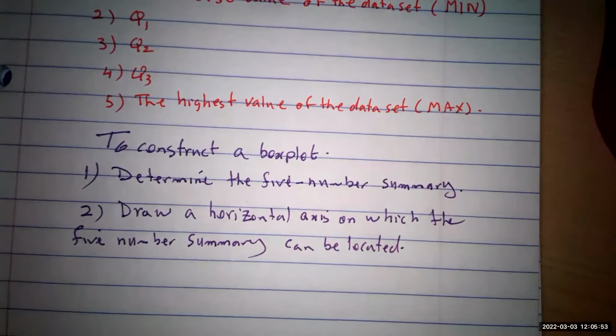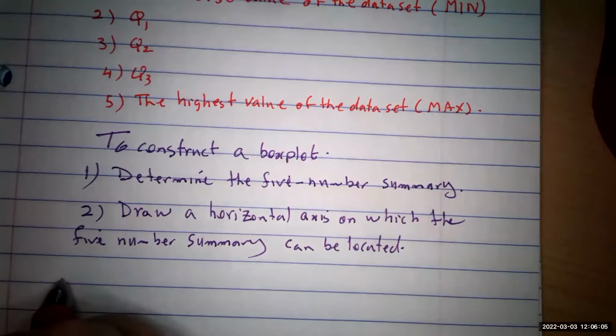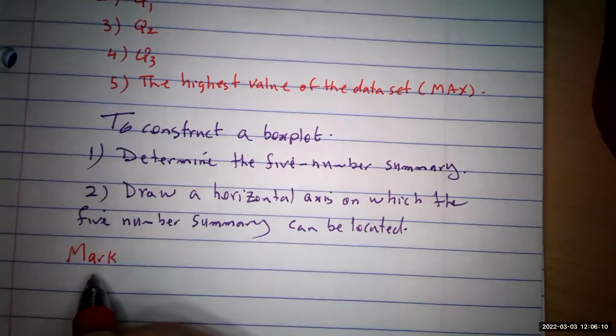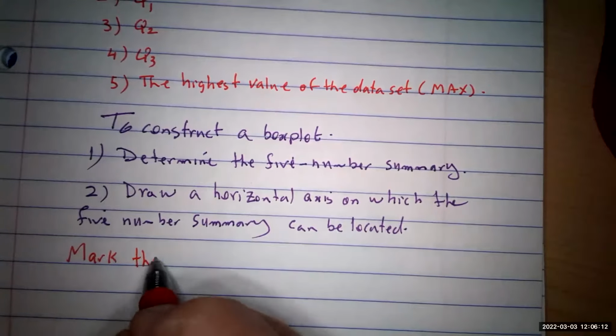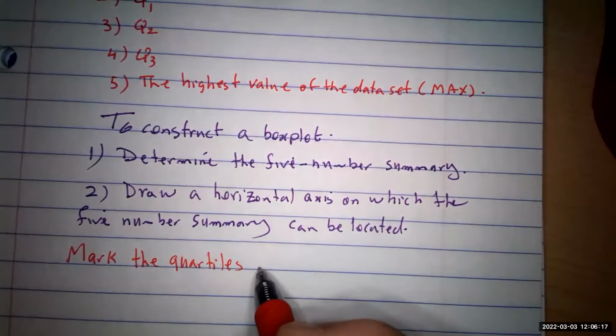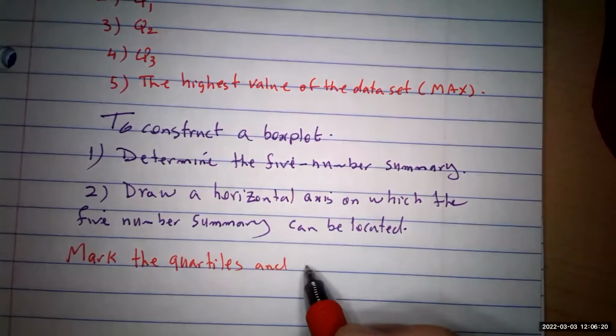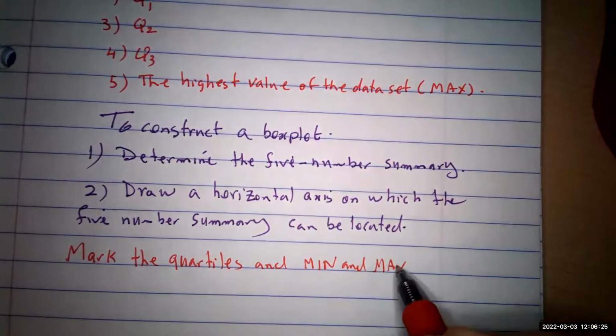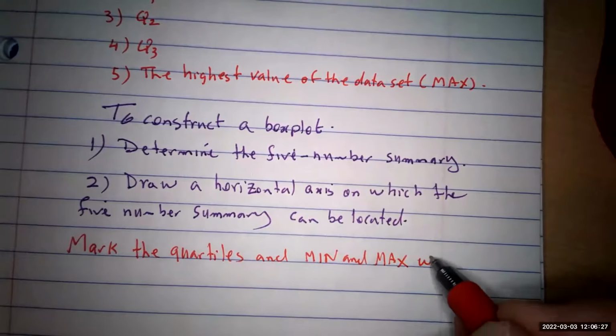Okay, that's one. So you make a box using the quartiles. If you want more information, we mark the quartiles and the min and the max with vertical lines.